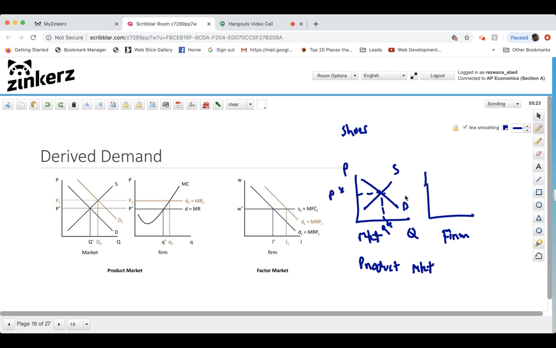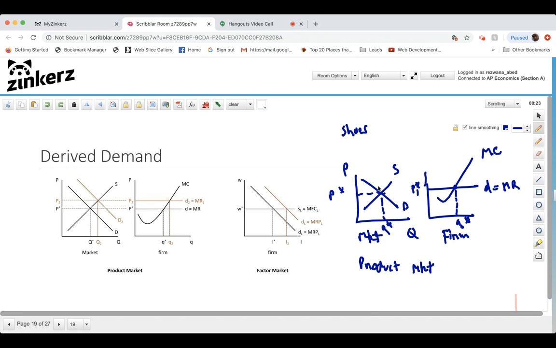And this is the firm side. They are perfectly competitive firms and they are price takers. So they're going to take this price as given, and this is the demand curve, which is equal to their marginal revenue. And we have the marginal cost, and the intersection of marginal revenue and marginal cost gives us the profit maximizing quantity. So this is just the basic perfectly competitive product market graph.